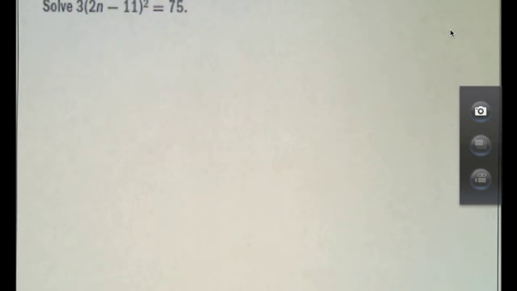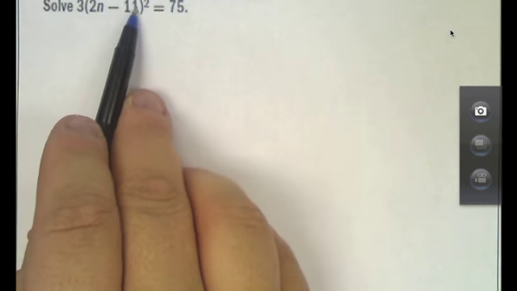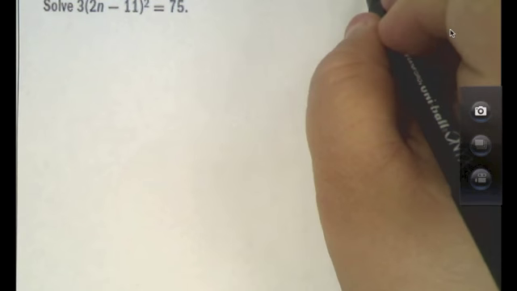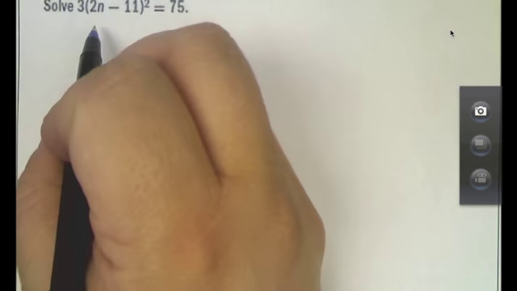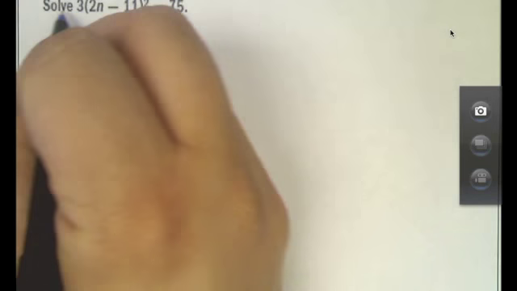Last example. Here's a good one. Multiple steps here. Solve 3 times the quantity 2n minus 11 squared plus 75, or equals 75, sorry. Okay? So the first thing I got to do is get rid of this 3. You just treat this like your variable. You just treat that like a t squared in this case.